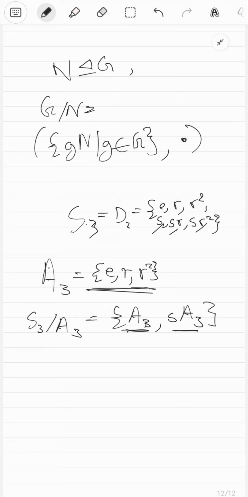So yeah, this is a group, and this is essentially the quotient group, S3 by A3. In general, Sn over An has just two elements. I don't want to get into transpositions on that, but it's just two elements. That's what you need to know for now. All right, so that was cool, I think.